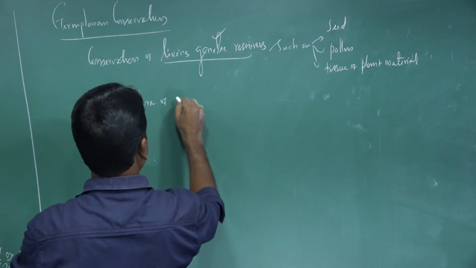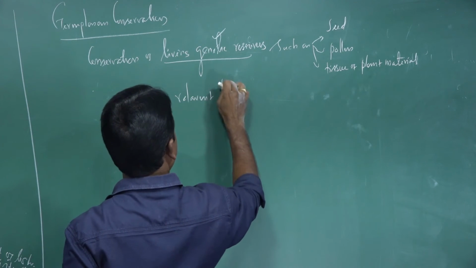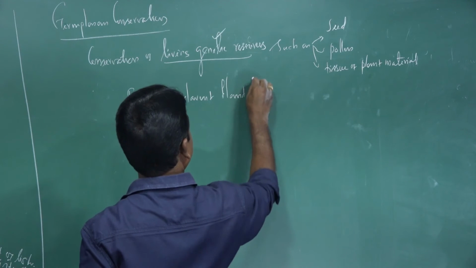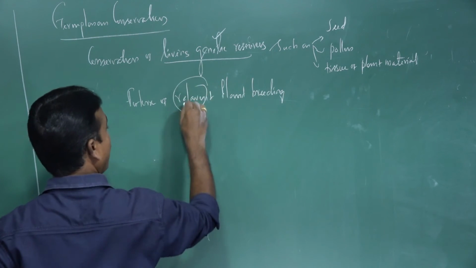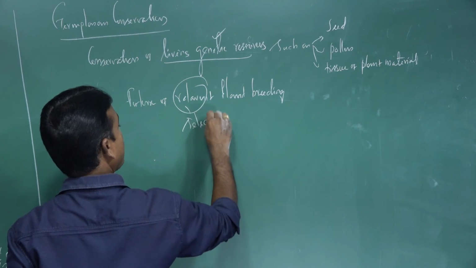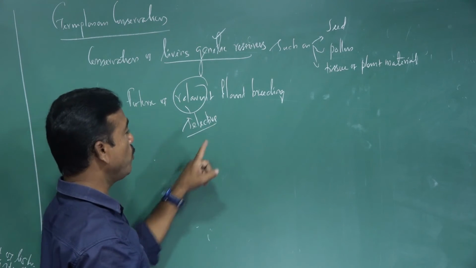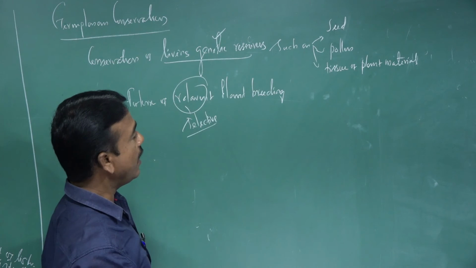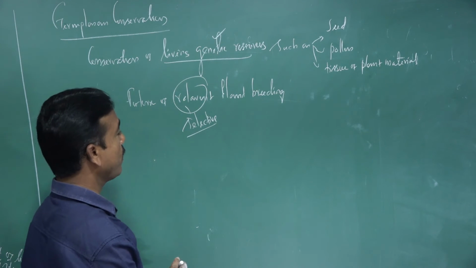So, relevant plant breeding, also called selective plant breeding. If you are going to do selective breeding, the seed, pollen and plant materials must be stored.